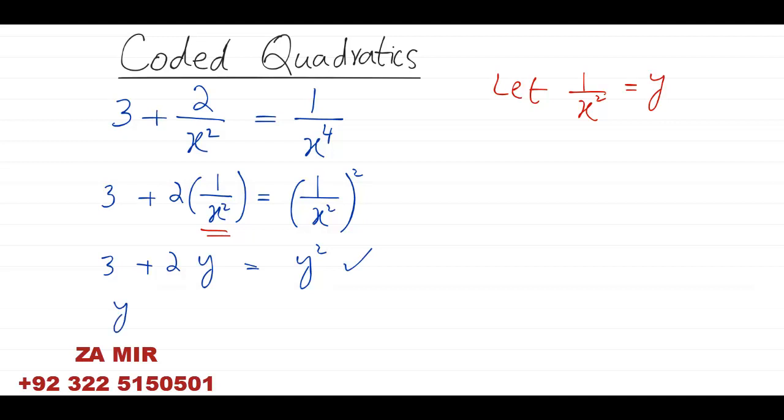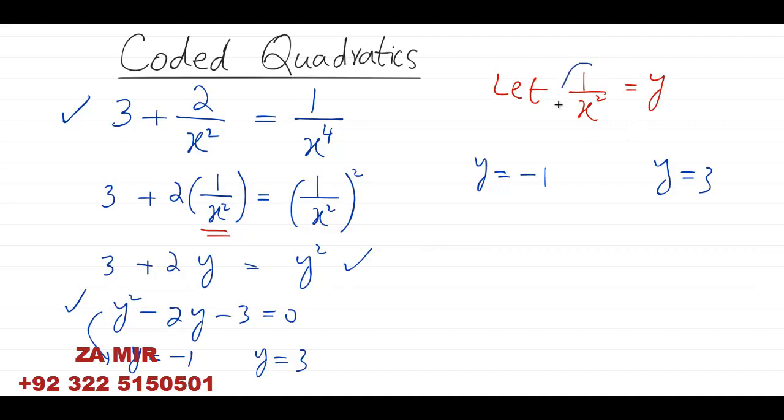Converting into a standard quadratic equation, we get this equation, and now using any method to find the value of y, we will get y is minus 1 or 3. And these are the solutions of this equation, but our actual equation is this one, in which we have used x.